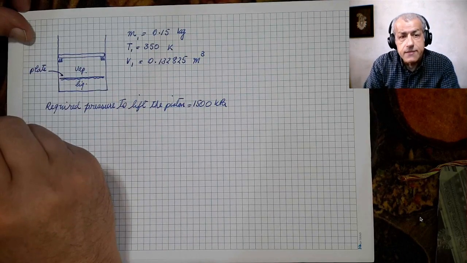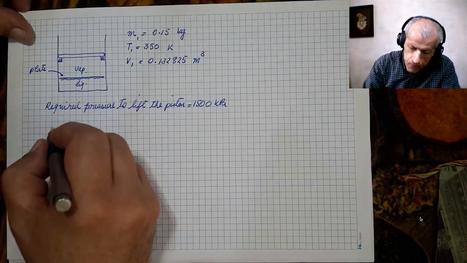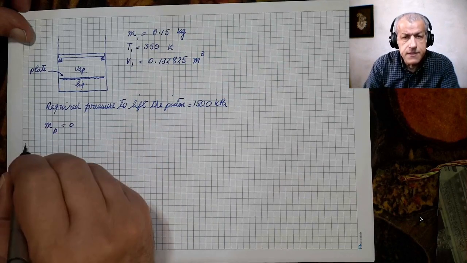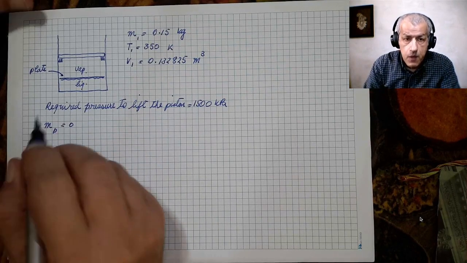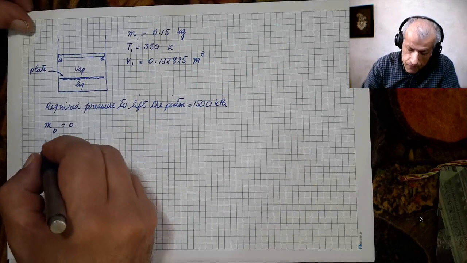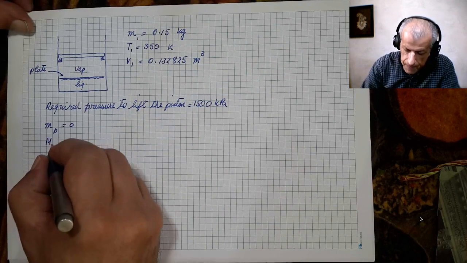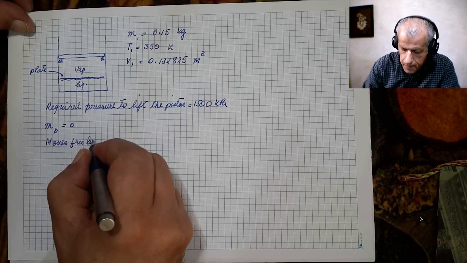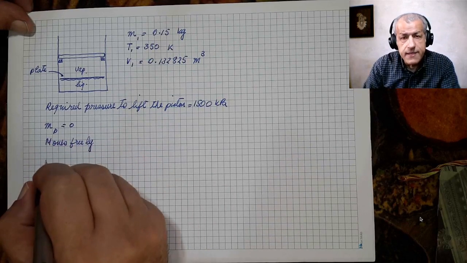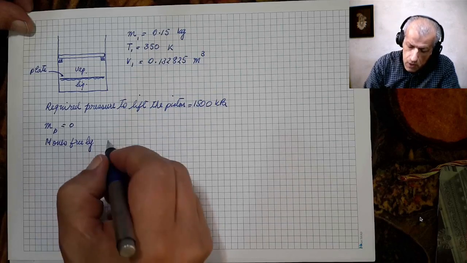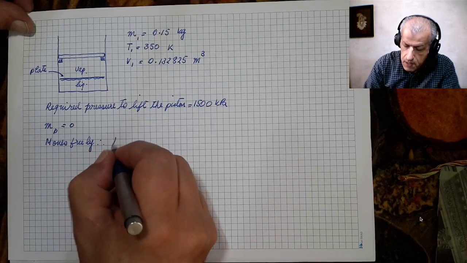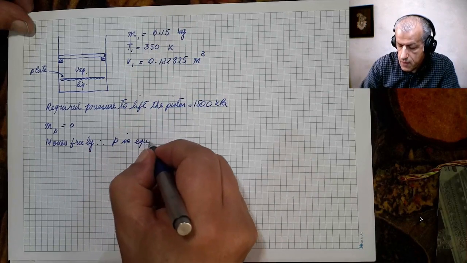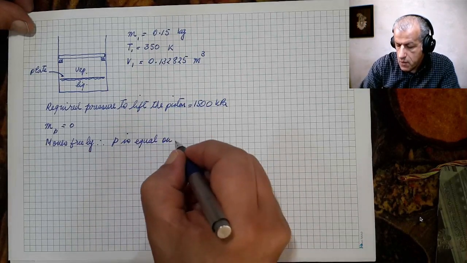The plate has no mass, so m of p equals 0. It moves freely, which means p at its both sides are equal.